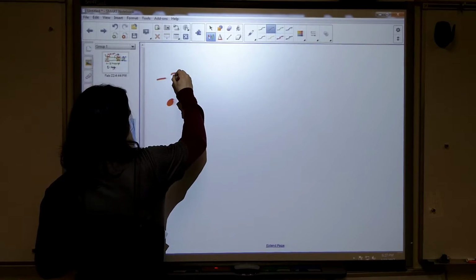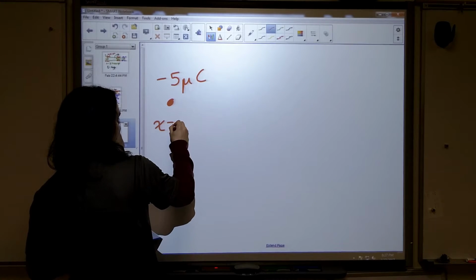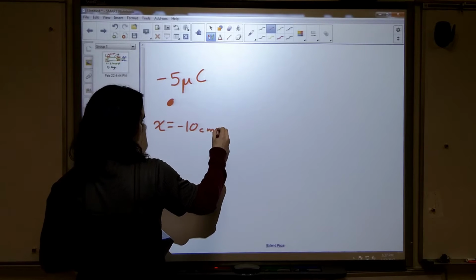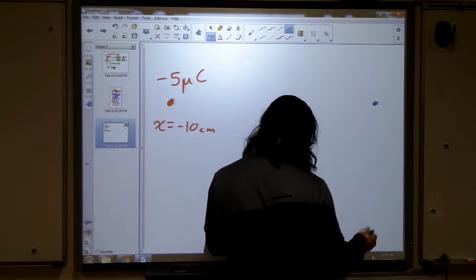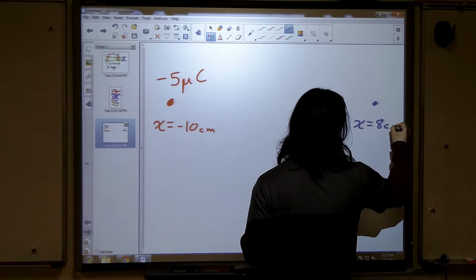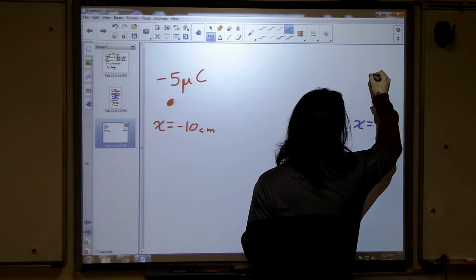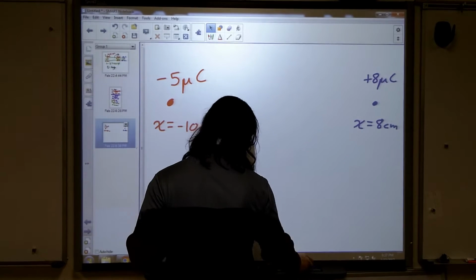My numbers include -5 microcoulomb over here at a position of -10 centimeters. I've also got way over here at +8 centimeters, strangely enough, a +8 microcoulomb charge.